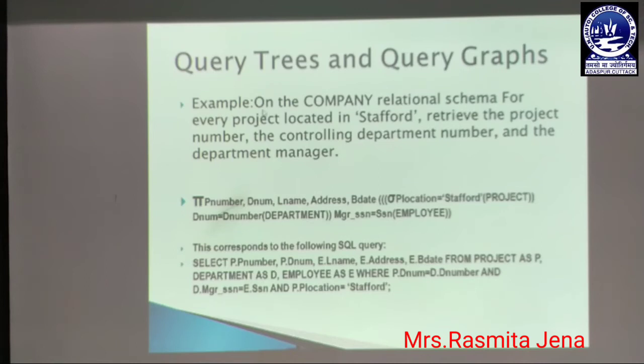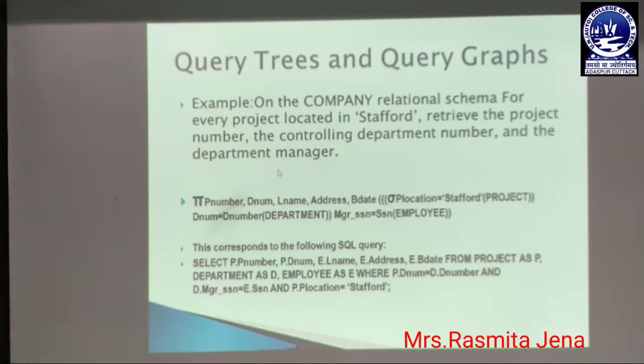Let's consider, suppose, a company relational schema: for every project located in Stafford, retrieve the project number, the controlling department number and the department manager's information. That means Stafford is the location of the project. We have to retrieve the department manager's information and the controlling department number, as well as the project number, for each project located at Stafford.